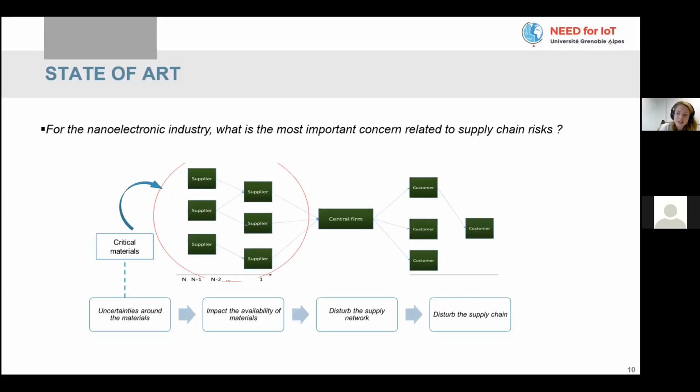The first supplier, which is the mine, will not be available, so all the other actors of my supply chain will be affected. So here, what we propose is to concentrate on the first steps of my supply chain, so that I can secure all of it.